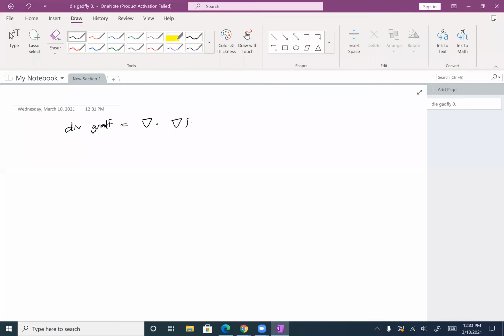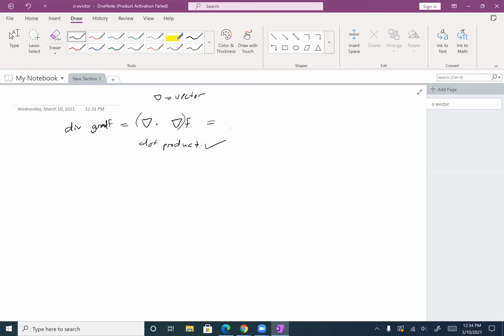Del dot del f. And so if we think of del as a vector, then this is really just a dot product. And actually it's a dot product of two vectors applied to f. So that's totally sensible.